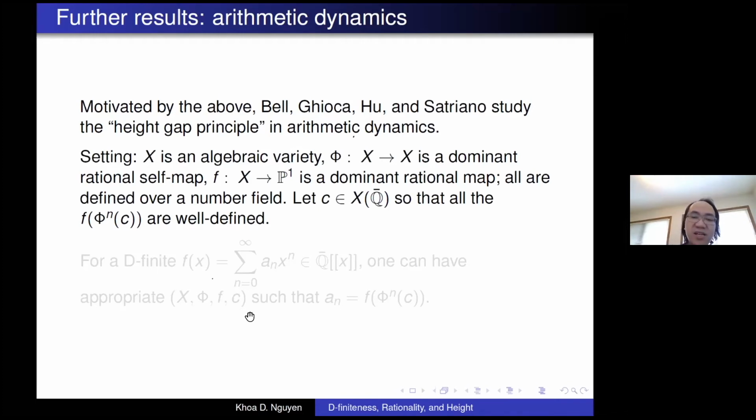Now you look at the orbit, phi to the n of C, and you look at F of D. You can think of this as a set of numbers if you ignore the point at infinity. So F is a certain function on these orbits.